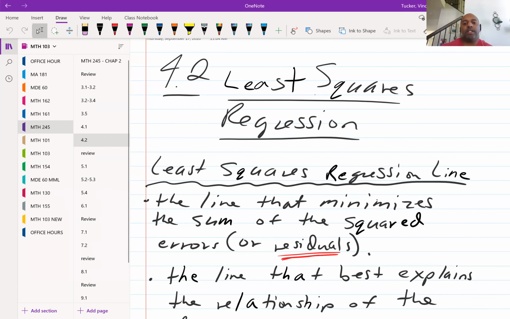So let's look at least squares regressions. Least squares regression line is the line that minimizes the sum of the squared errors or residuals. So that term is going to come back. We'll use it a little later, errors and residuals.